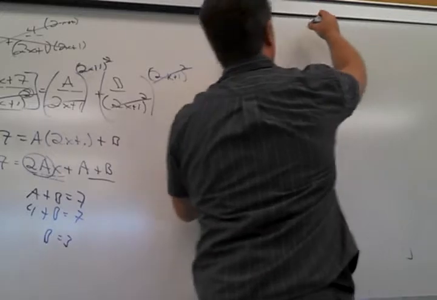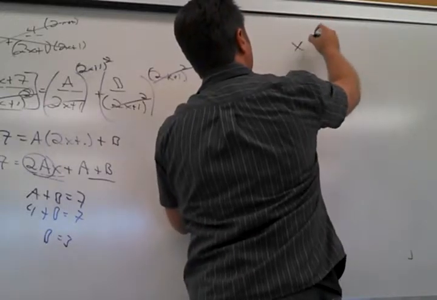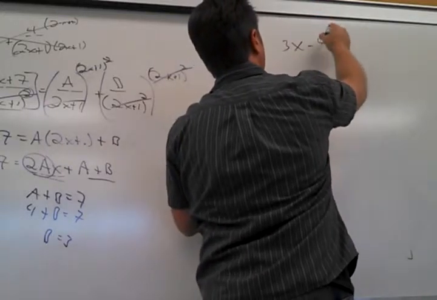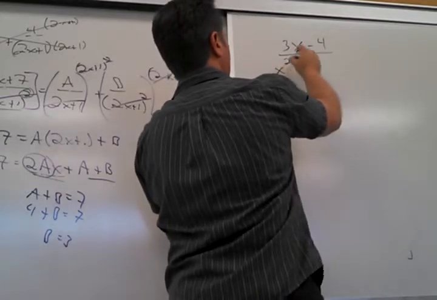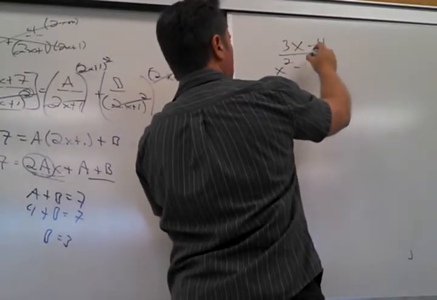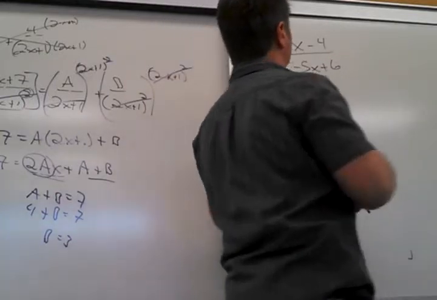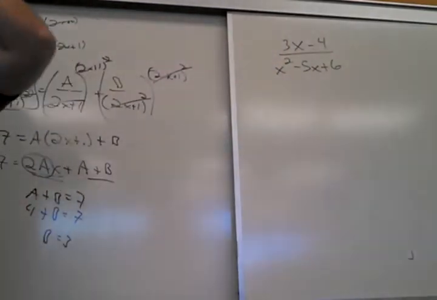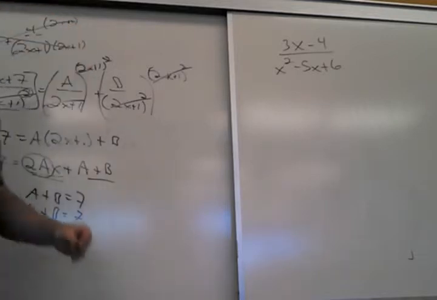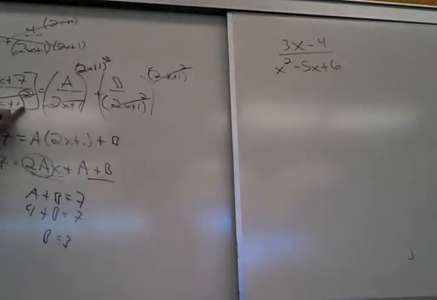So let's say I had this here. One advantage we had here is the bottom was already factored.